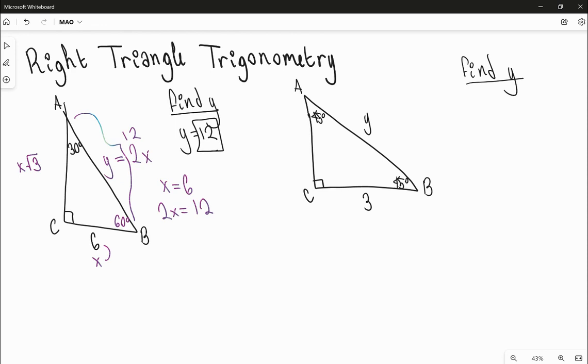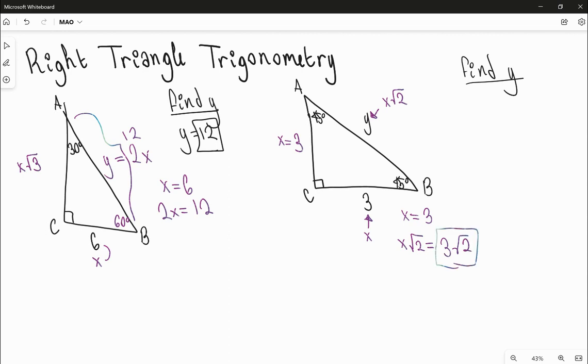And in order to solve for that, this corresponds with our X, which means this is also X, it's also 3. And our Y would have to correspond with x square root of 2. Well, if we know x is equal to 3, x square root of 2 is equal to 3 square root of 2.